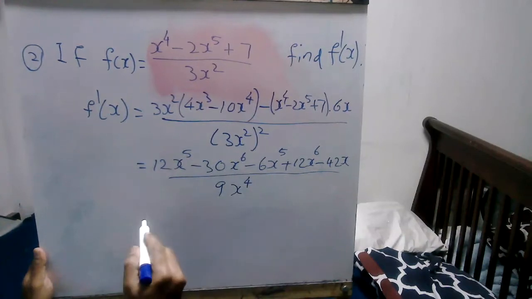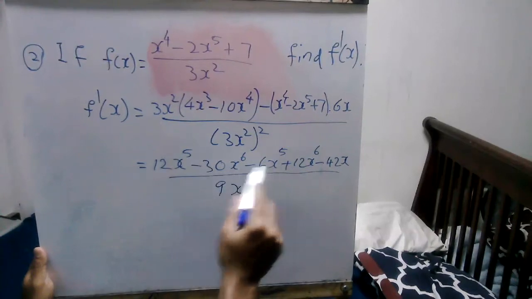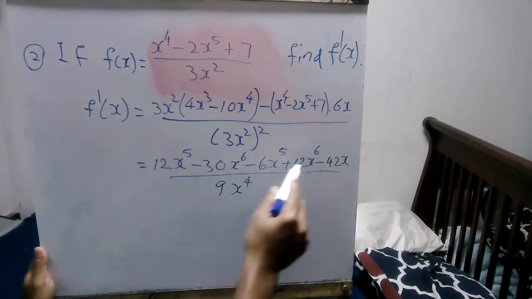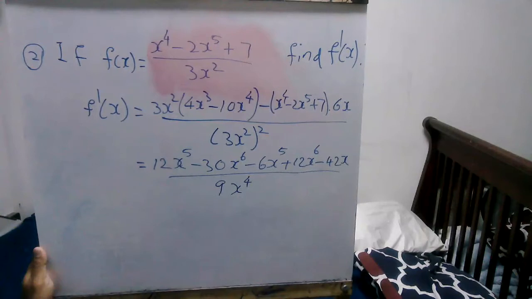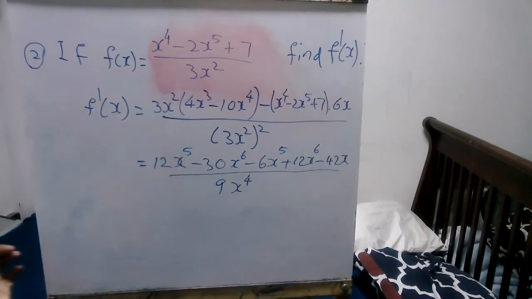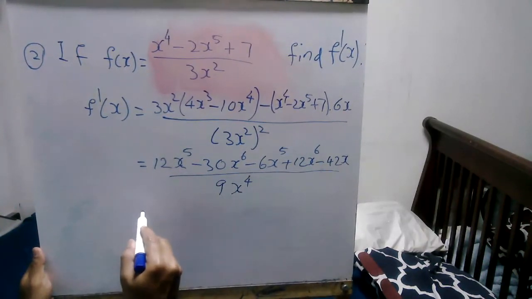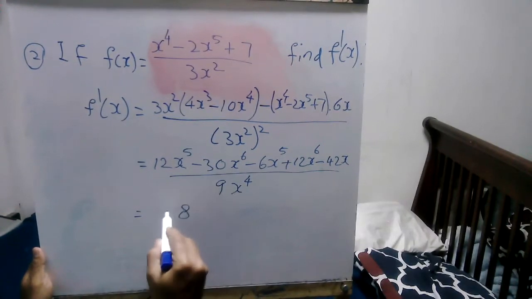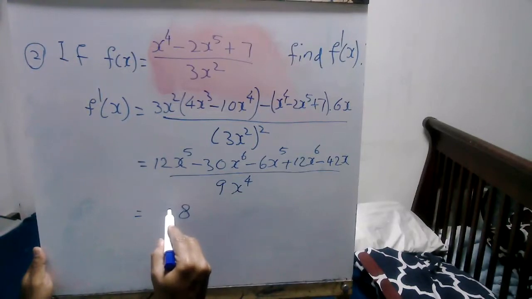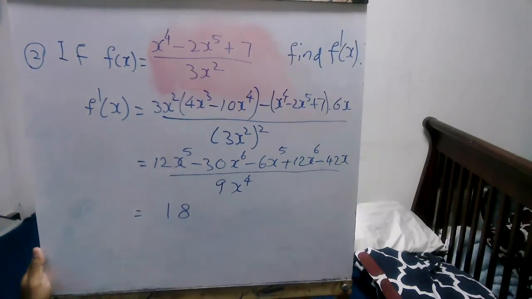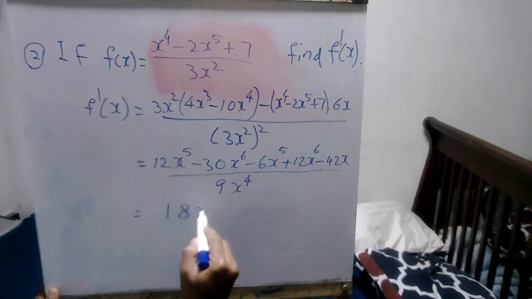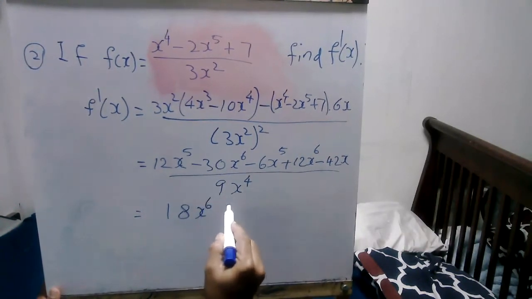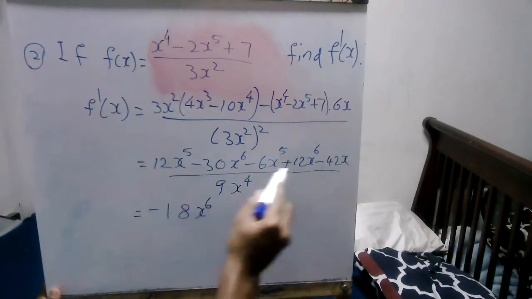12 minus 6. Let's do the highest power first. Negative 30, positive 12, x to the power 6, negative 30 positive 12.